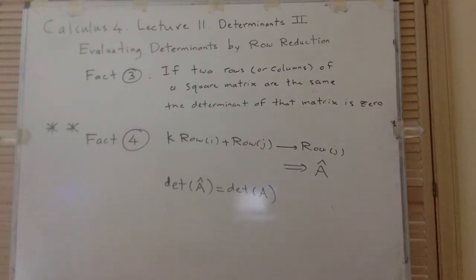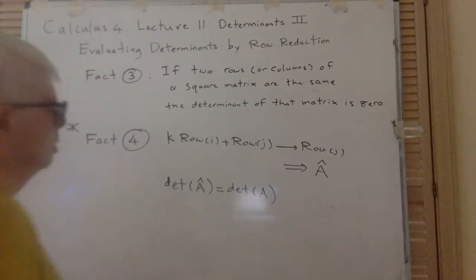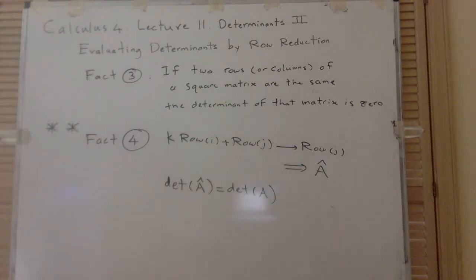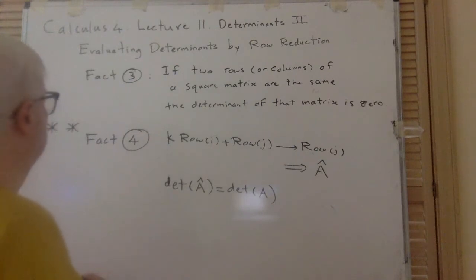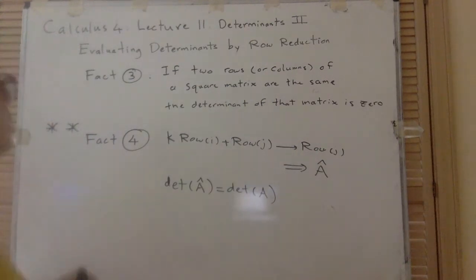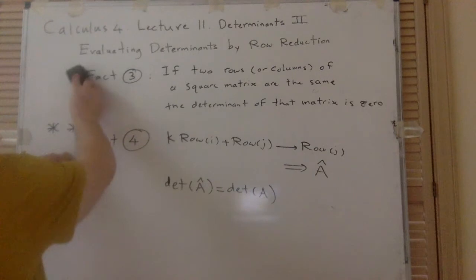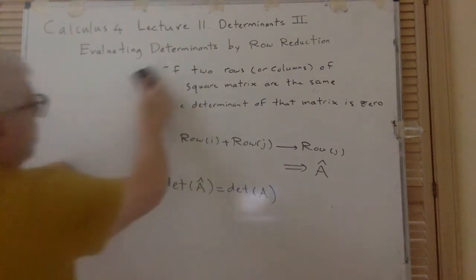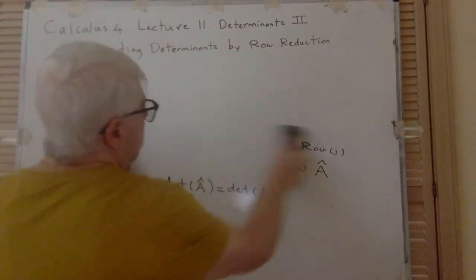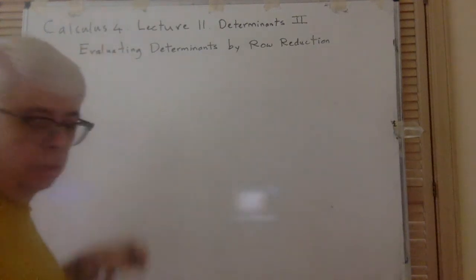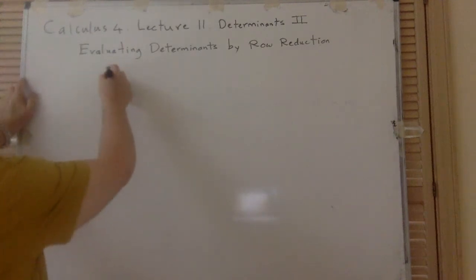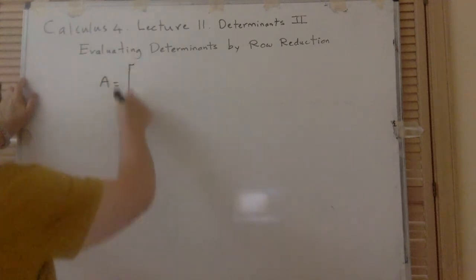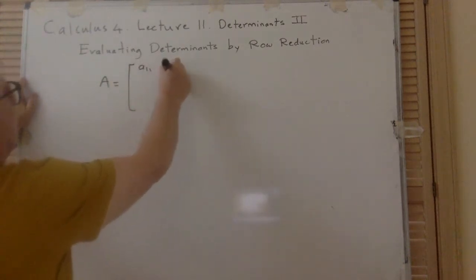Now, let's see why this happens. Let me erase and use the whole board here, because this is what we will be doing to find the determinants. So let's say I have A. Let's just write 3 by 3.